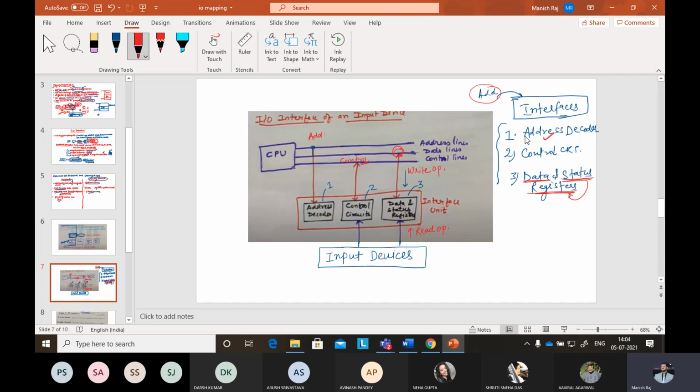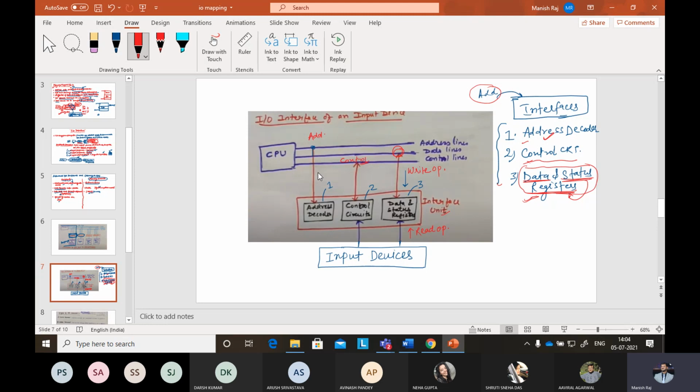So in the interface these three things are present: the address decoder, used for the address bus; the control circuit, used for the control signal; and the data lines, used for storing the data or the status. So the status register or data registers are also present in the interface unit. This way you can interconnect the peripheral devices to the CPU.